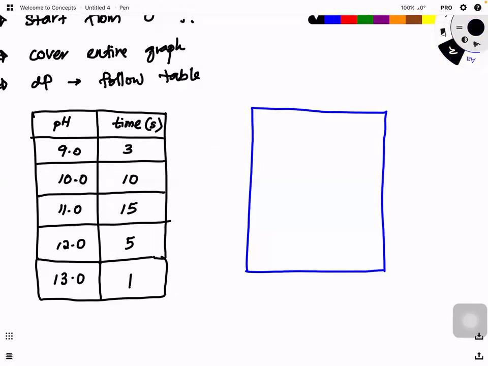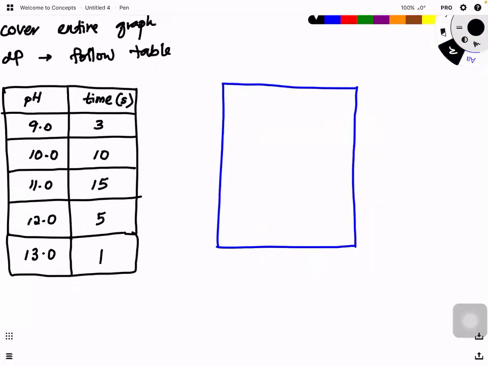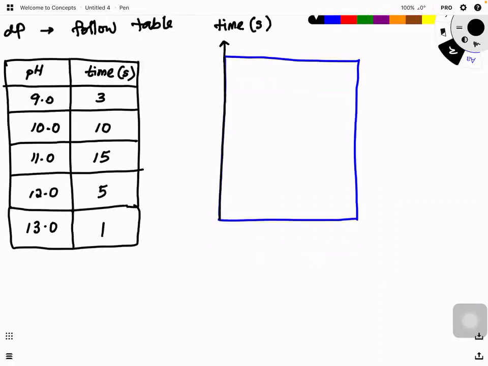On the left hand side is the y-axis. The y-axis will be time taken, so exactly copy it down: second. Can you see that? Next, for the x-axis, also draw a line. This one will be pH, so write down pH.